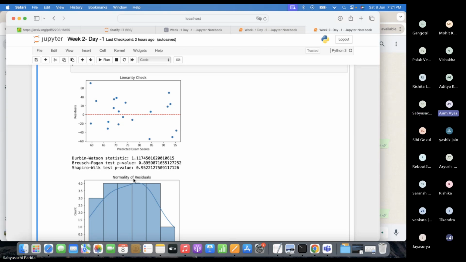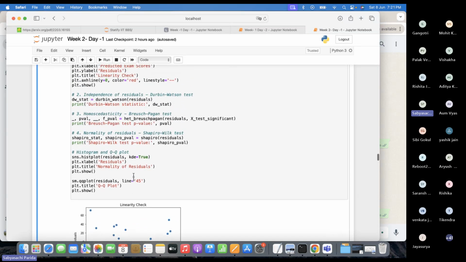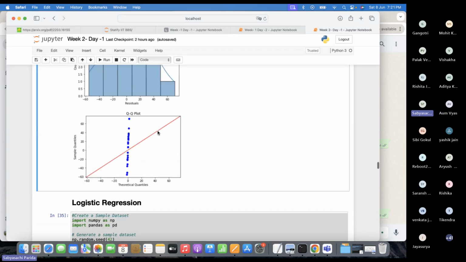But for this one, we need the range in which, if it falls, we can say that our hypothesis is true. Okay, I'll check and give the ideal range for the Durbin-Watson test. I'll let you know on that. Okay, sir. Thank you.